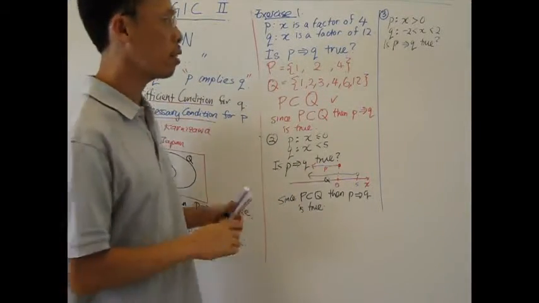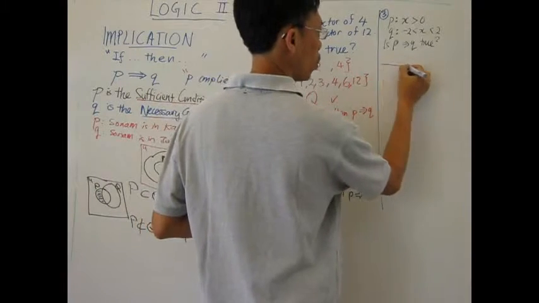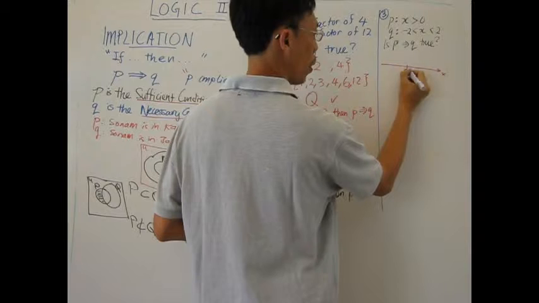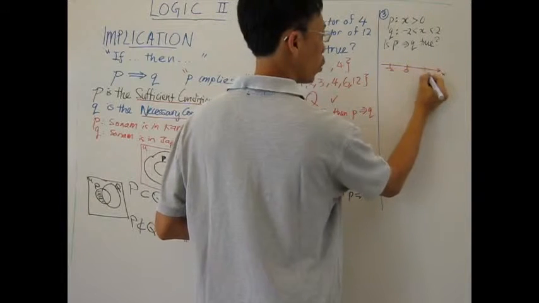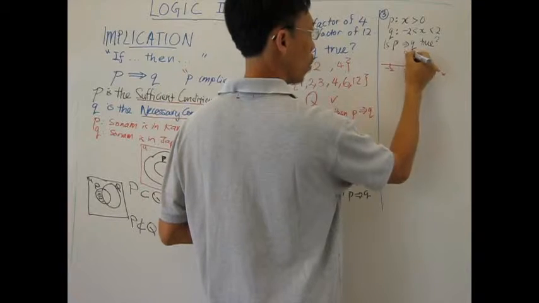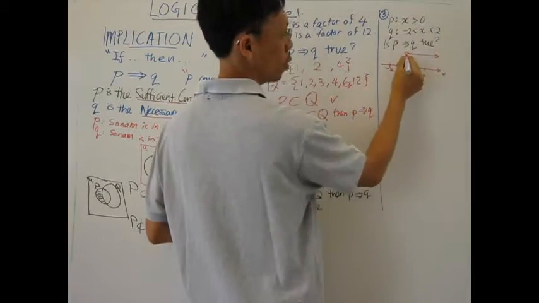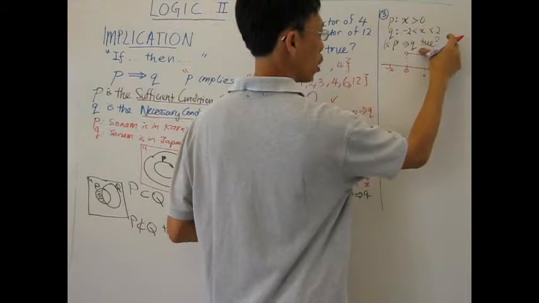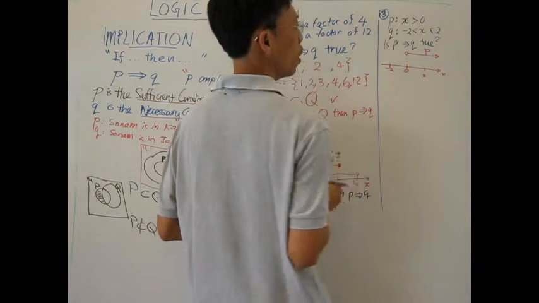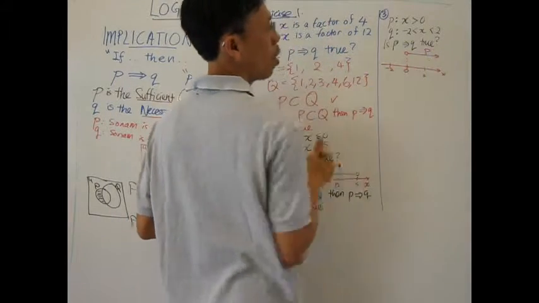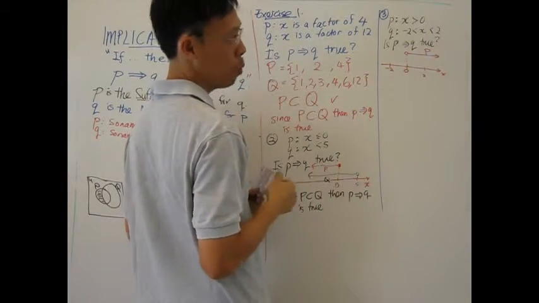Okay, let's check the answer. So I draw the real number line again, x, and I put a 0 here, and -2 and 2. Now, everything is larger than 0. This is an open circle, and this is my capital P. That is all the values that are larger than 0.